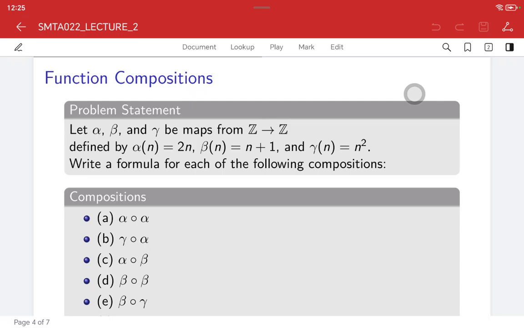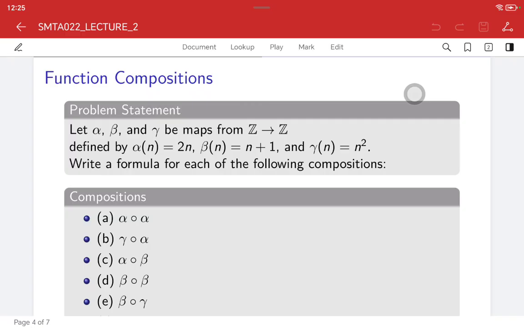Then they say we should write a formula for each of the following compositions.